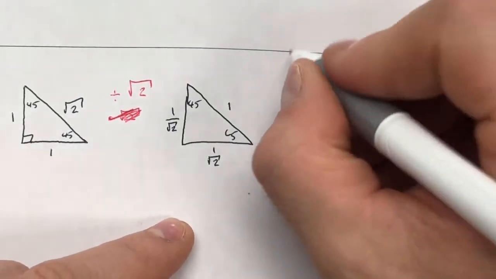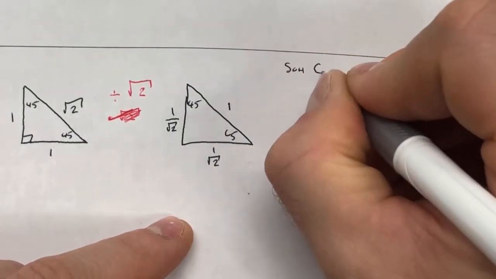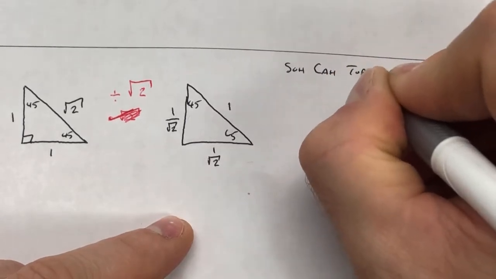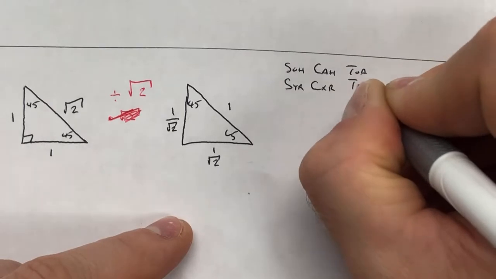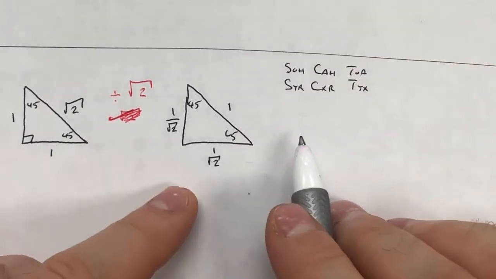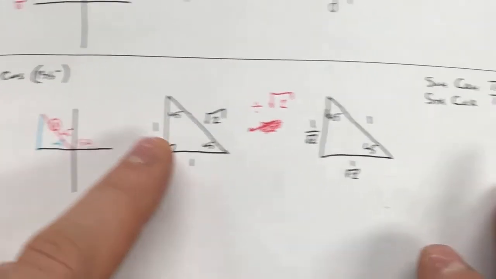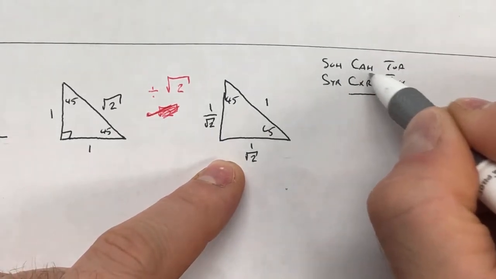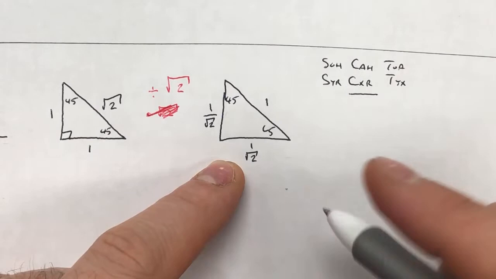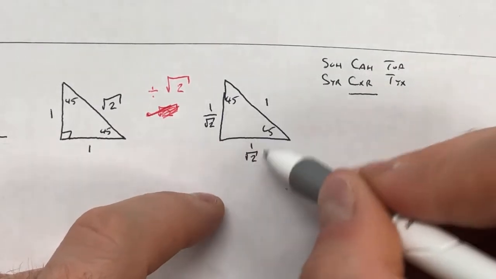Okay. So we know we can either look at SOHCAHTOA or the unit circle equivalent. And we're looking at the cosine of 135 degrees. The cosine is going to be either the x over the radius or the adjacent over the hypotenuse, however we want to look at that. The x value is going to be right here.